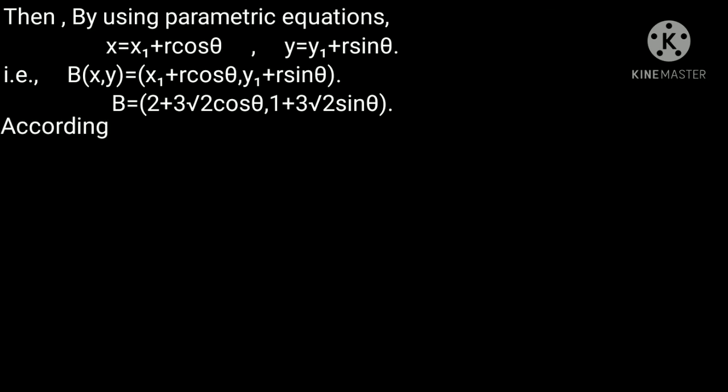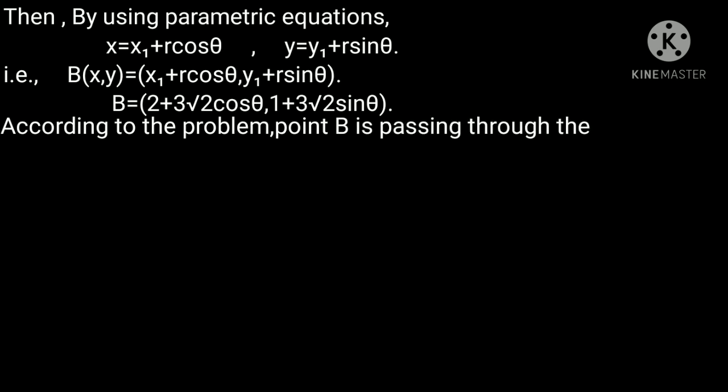According to the problem, the point B lies on the line equation 1. If any point lies on the line, then the point satisfies the line equation.